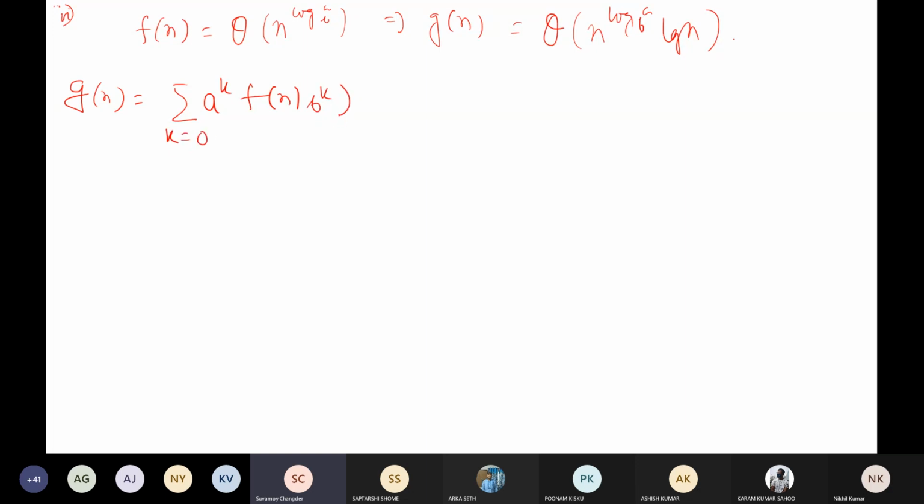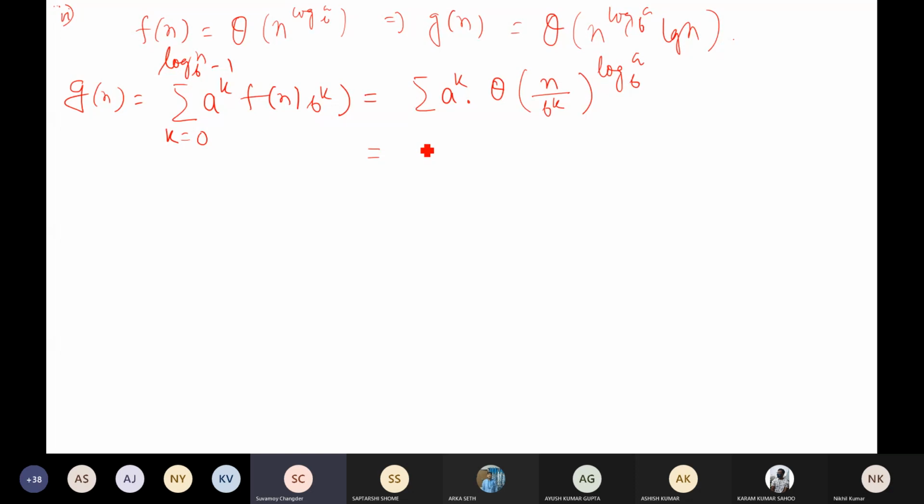Don't forget to write this up to log n base b minus 1. So that is equal to sum of a to the power k into theta of (n by b to the power k) to the power log a base b, because fn is theta of n to the power this, therefore f of n by b to the power k will be equal to this.